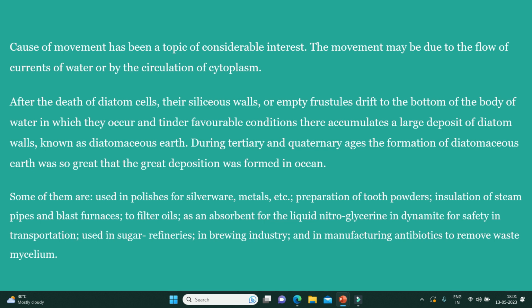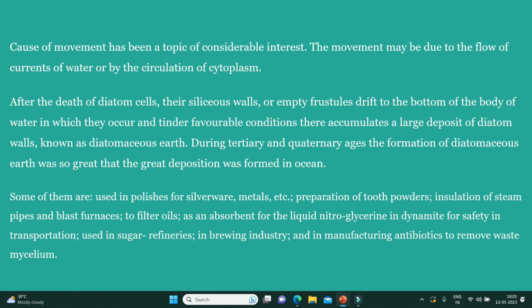After the death of the diatom cell, their siliceous walls or empty frustules drift to the bottom of the body of water in which they occur, and under favorable conditions, their accumulation forms a large deposit of diatom walls, known as diatomaceous earth. During the Tertiary or Quaternary ages, the formation of diatomaceous earth was so great that great deposits were formed in the ocean.